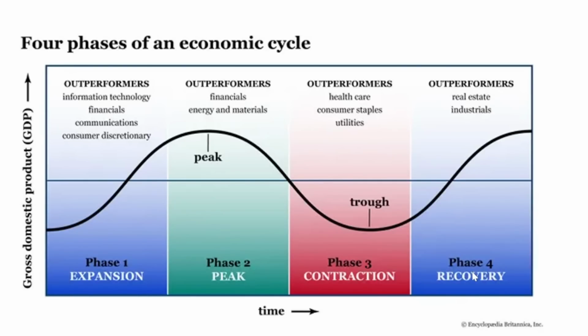So in a recovery phase, real estate and industrials are the outperformers. Generally, when you get to a contraction phase at the bottom, right at the beginning of a recovery phase, they generally print money. And the first asset that I have found to react to that money printing is precious metals. If they were to do stimulus, precious metals generally go up dramatically in the beginning of a recovery phase.